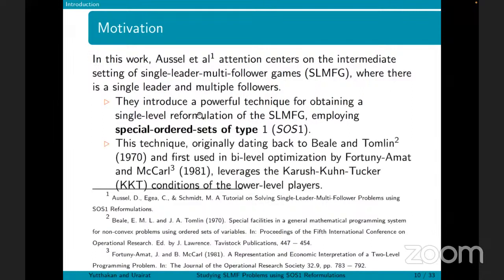Next, this technique originates dating back to Beale and Tomlin, and was first used in bi-level optimization by Fortuny-Amat and McCarl, to reformulate the KKT conditions of the lower level players.